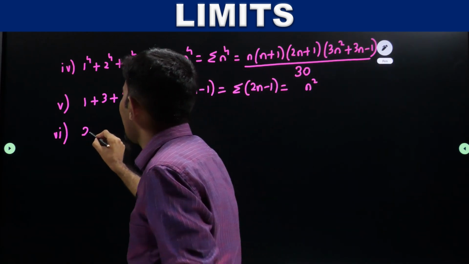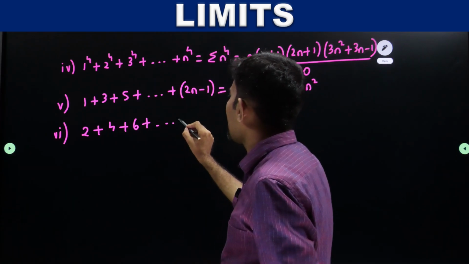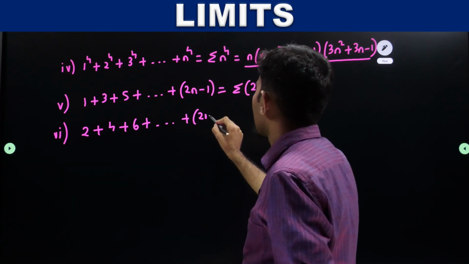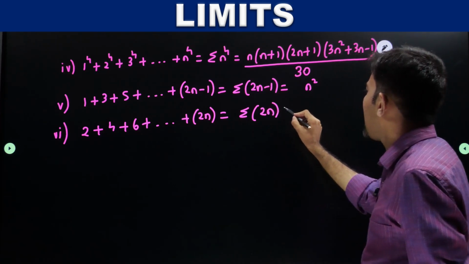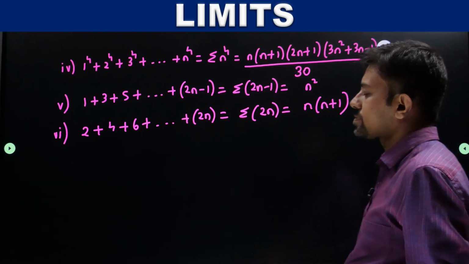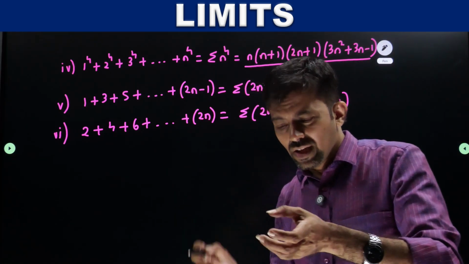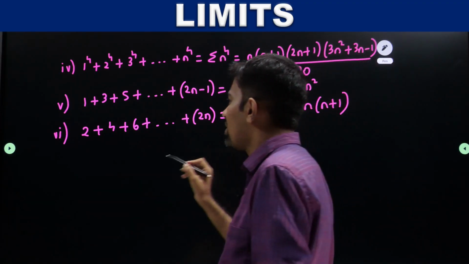Sum of the first n even natural numbers, 2 plus 4 plus 6 etc. up to 2n, which is summation of 2n, is equal to n into n plus 1. That is 2 times summation of n, which is 2 times n into n plus 1 by 2. 2 cancels, giving n into n plus 1.